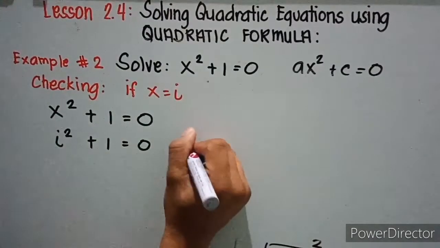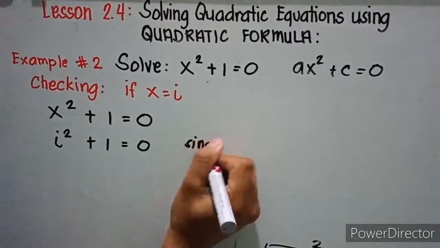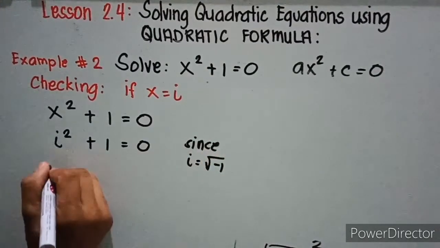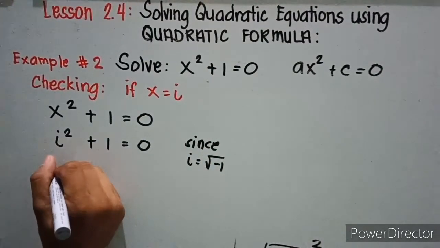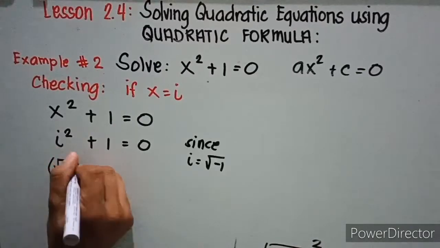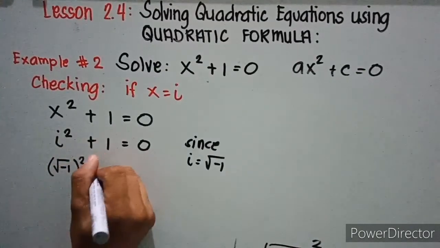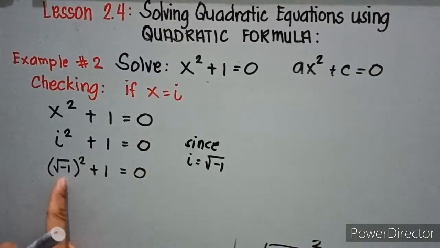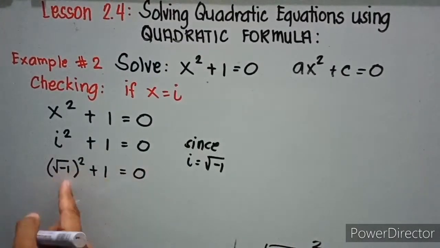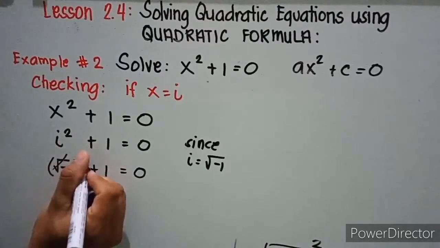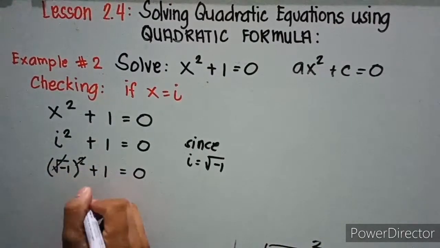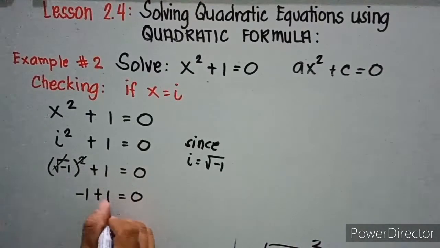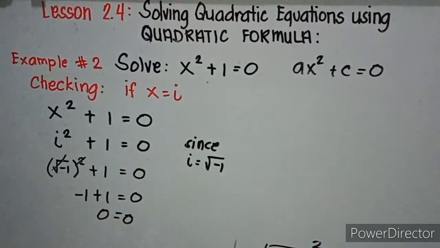Since i is equal to square root of negative 1, we will have square root of negative 1 squared plus 1 is equal to 0. Since this is square root, we can cancel square and square root. So this is negative 1 plus 1 is equal to 0. 0 is equal to 0.